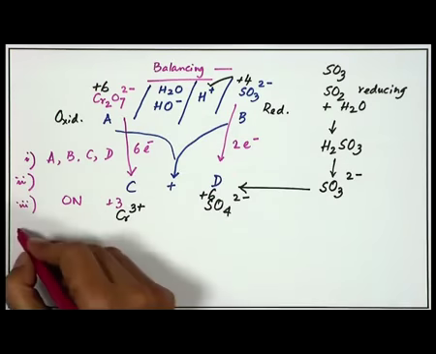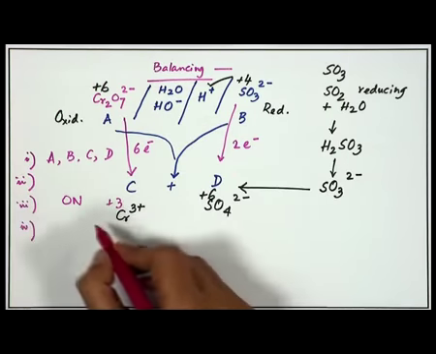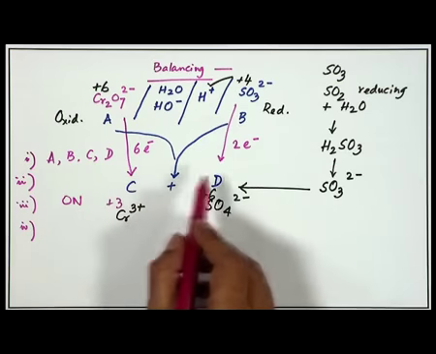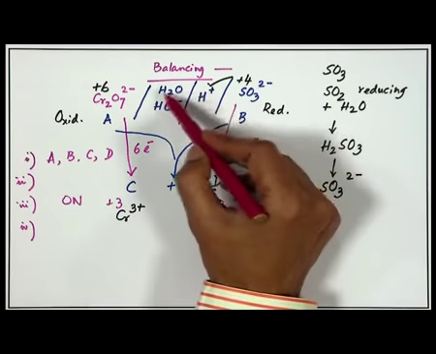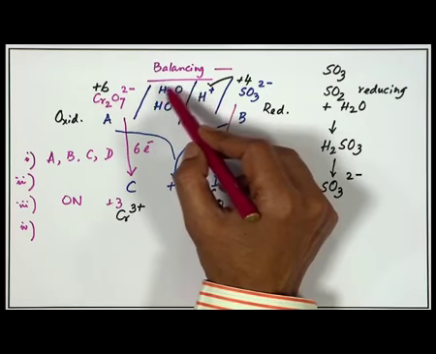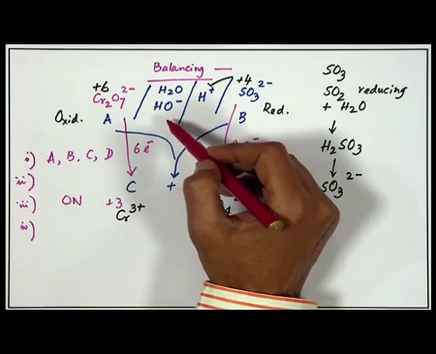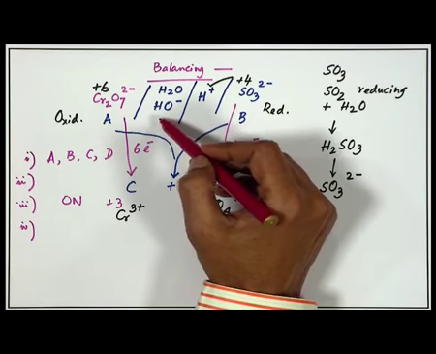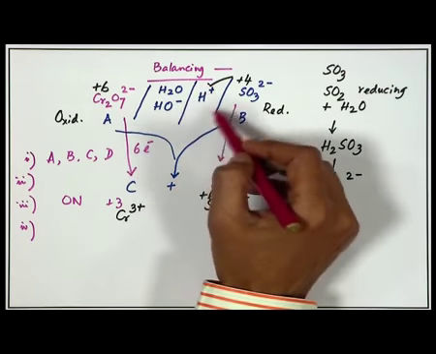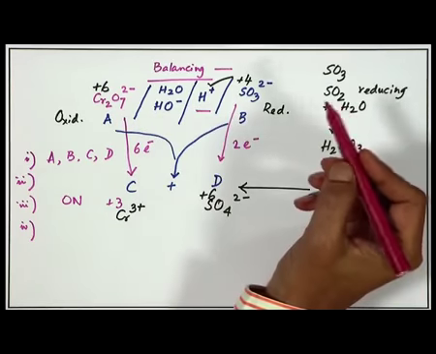Then we go for the total ionic charge balance, because the ionic charge balance is also important. If the medium is alkaline, we should use water if the charge is not required, but if the corresponding charge is required, we should use hydroxide ion. But if we require a cationic charge, we will use H plus.